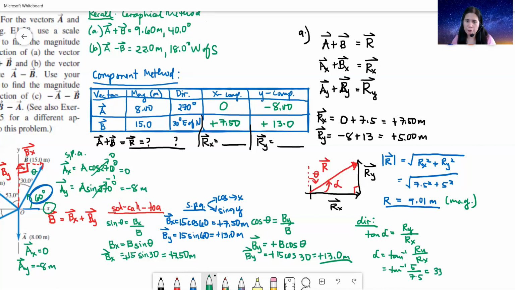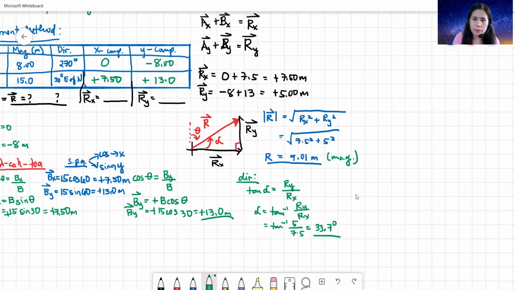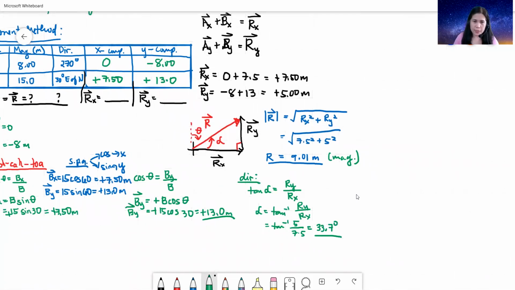That is quite far from the 40 degrees I got in the graphical method. So in our final answer, R, which is equal to A plus B, the magnitude is 9.01 meters, and the direction is 33.7 degrees standard position angle.